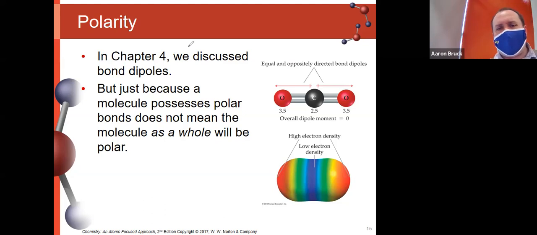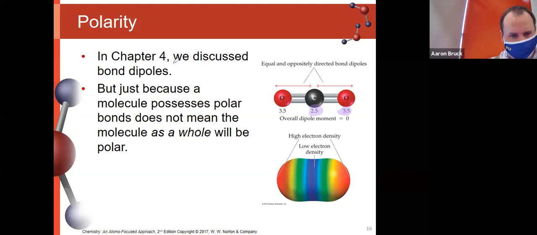And a great example of this is in carbon dioxide. In carbon dioxide, we have two polar bonds. We've got a carbon that is bonded to this oxygen, and we can see by their differences in electronegativity, the electrons are going to spend more of their time over here around the oxygen than they would around the carbon.